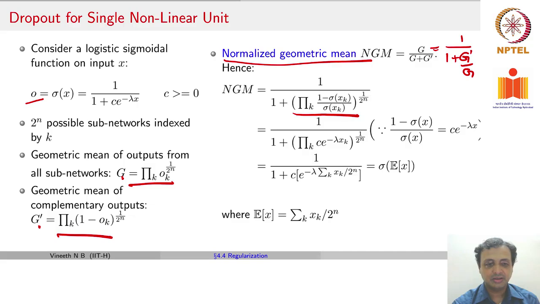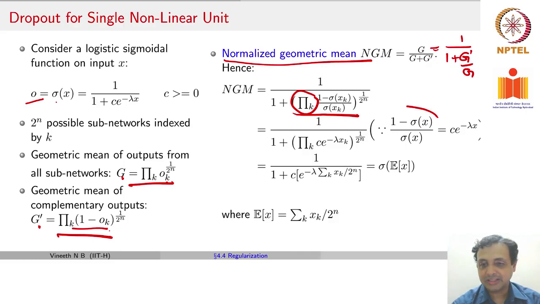So G prime by G is 1 minus O_k by O_k, and you have the product that goes outside. Instead of O_k, you replace it with sigma of x, and instead of 1 minus O_k, you replace it by 1 minus sigma of x. That's how you get the first term there.